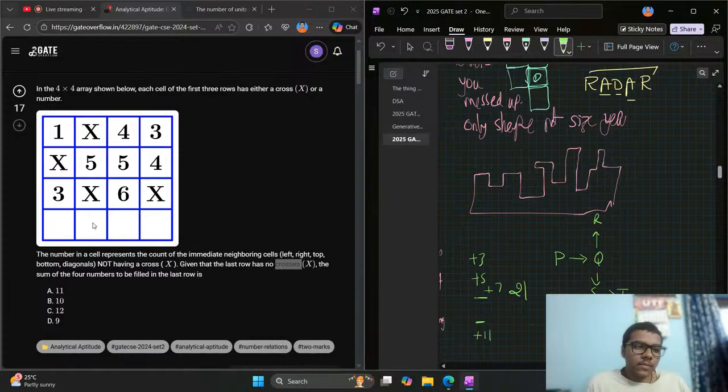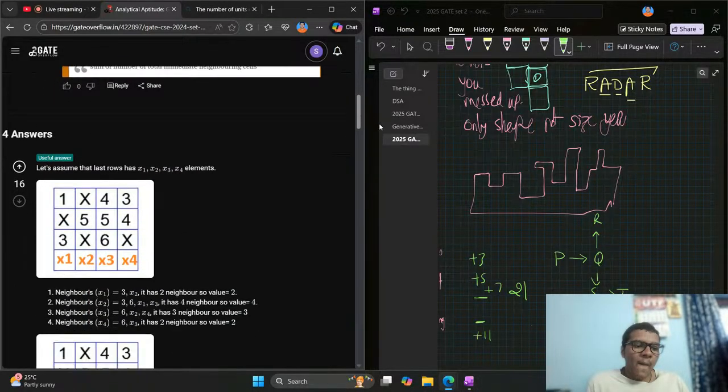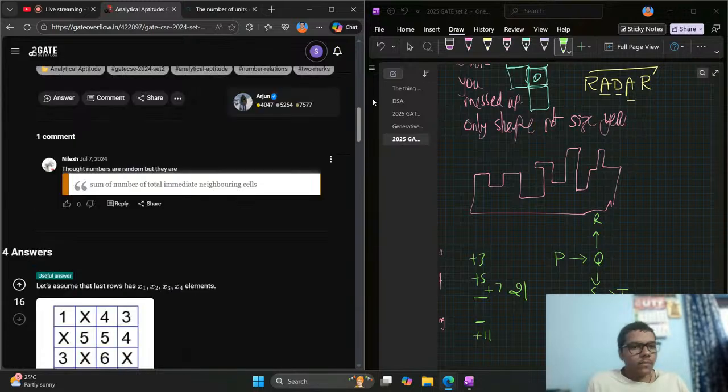So this has one number and two numbers, and this has one number, two numbers, and 1, 2, 3, 4 numbers, and this has 1, 2, 3 numbers, and this has what, 1, 2 numbers. If I'm not wrong, yeah. 2 plus 2, 4, 4 plus 4, 8, 8 plus 3, 11. 11 is the answer. 2, 4, 3, 2, yes, sir.